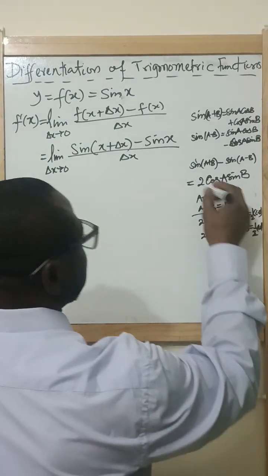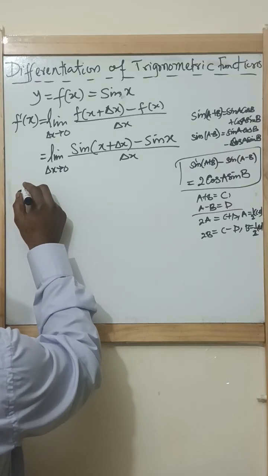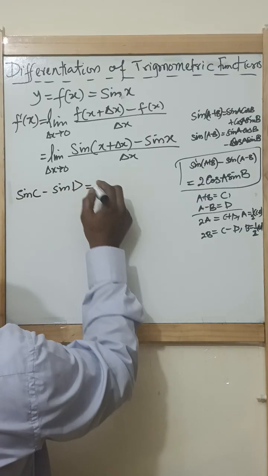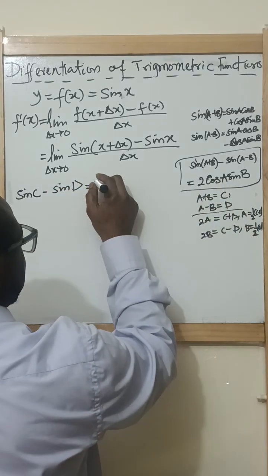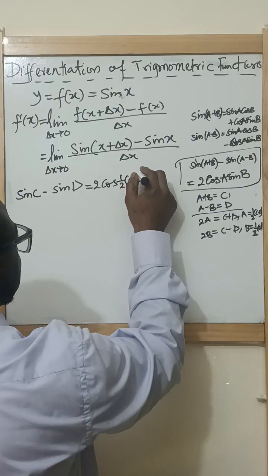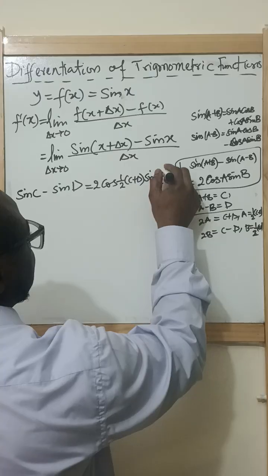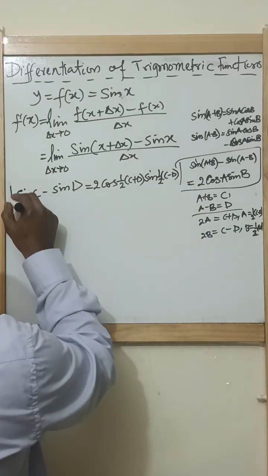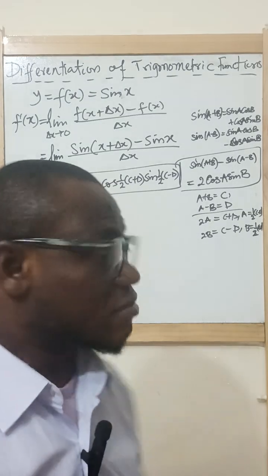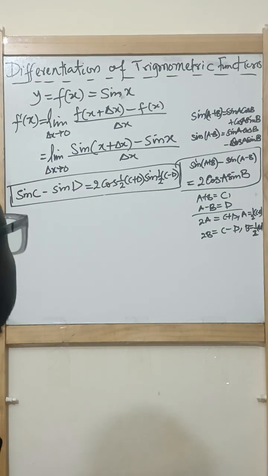So we will now replace everything. This particular formula now says sine C minus sine D is 2 cos of half of C plus D, times sine of half of C minus D. If you remember, we derived this the last time in one of our videos. So we are going to use this to substitute.